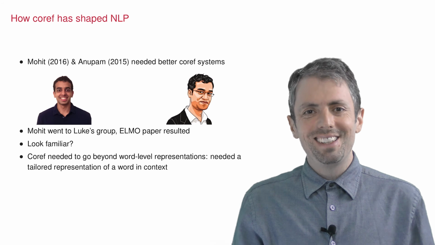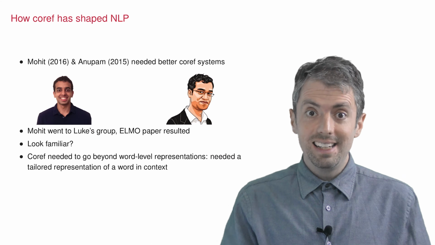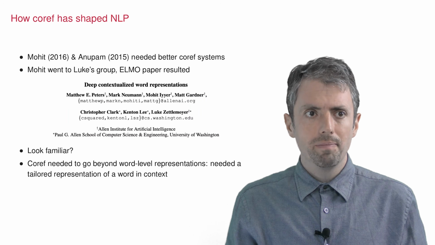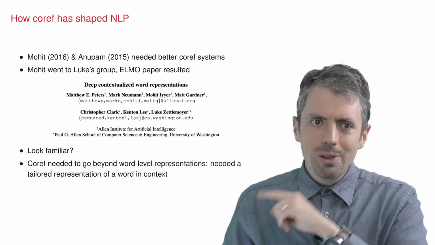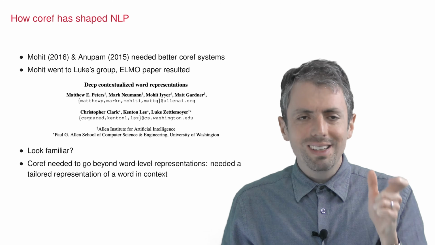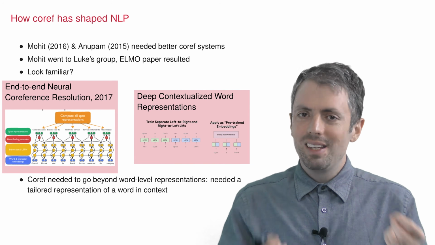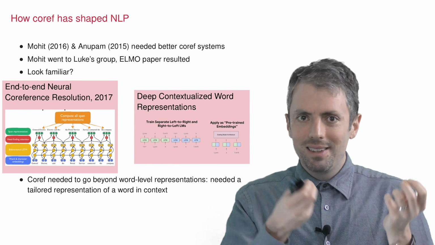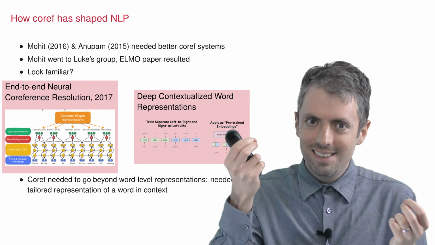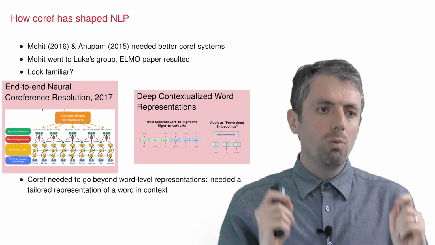Before Mohit went on to his tenure-track job, he did a postdoc with Luke Zettlemoyer's group in Seattle at the University of Washington, where he contributed to the ELMo paper. One of many people. But if you look at the representation in the ELMo paper, it looks a lot like the bidirectional LSTM, also from Luke's group with Kenton Lee as an author, that solved the coreference problem. It's easy to see the through line that you needed these rich contextualized representations of words.